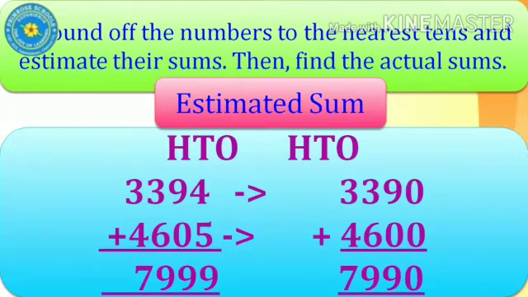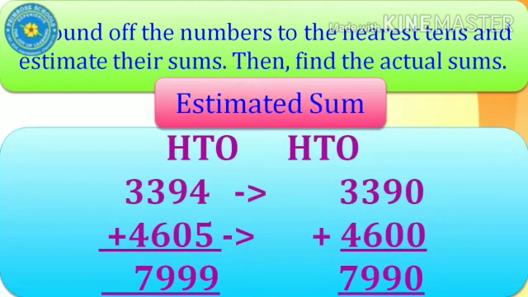Shall we take a look at the next example? F part. We have to add 3,394 and 4,605. So let us round it off. 3,390 plus 4,600. The sum will be 7,990. Let us find the actual sum.